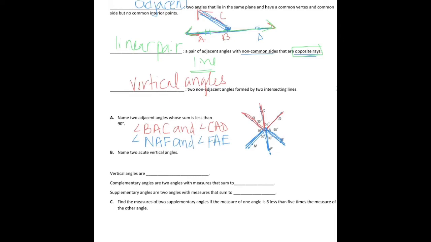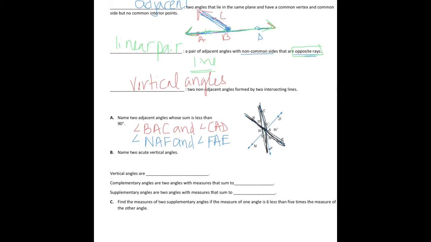Now I need to name two acute vertical angles. So vertical angles, let's talk about what the definition was for those again. Vertical angles are formed by two intersecting lines. So this is one line, and here's another line.